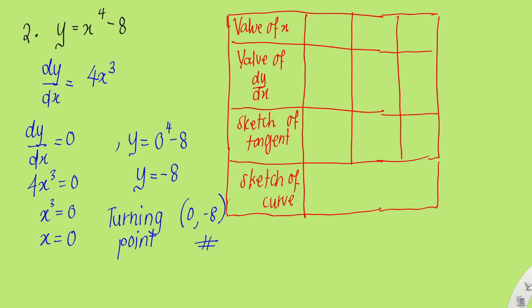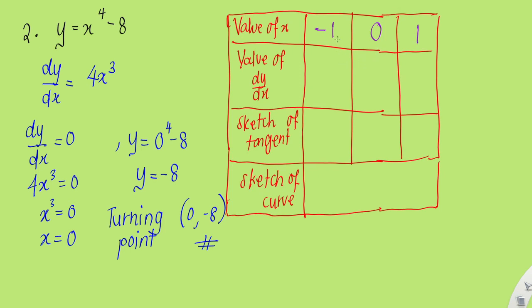First step, write down here your value of x. Just now the value of x that we got was 0. So I'm going to write 0 first here in the middle. Then choose any value that is lesser than 0. So I'll choose negative 1. That's the nearest, easy for me. And also choose any value that's greater than 0. So I choose 1.